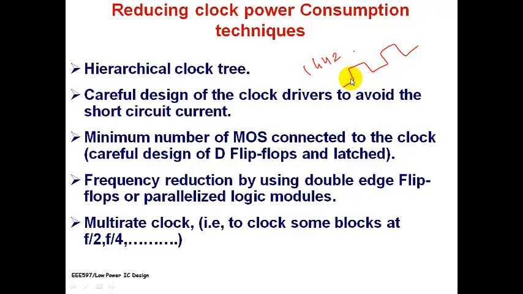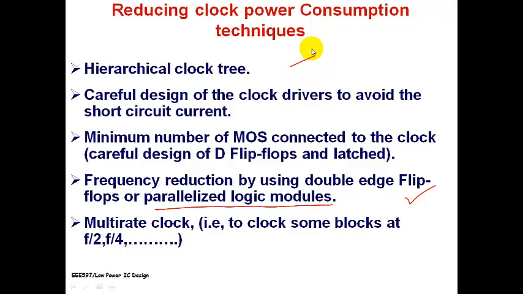I may think of getting my circuit working during the positive edge and also during the negative edge. These are double edge triggered flip-flops, which we studied maybe in the last semester, but which have some other sorts of problems that we will see. Or we can have parallel logic modules at the cost of logic redundancy. This is the trade-off.